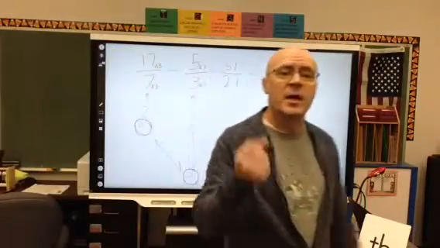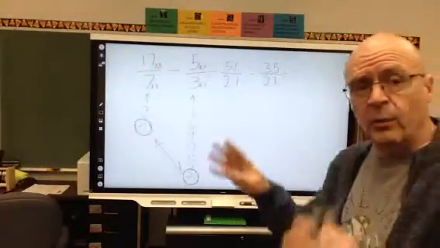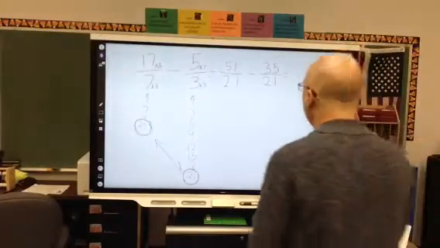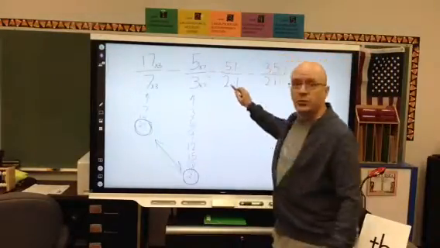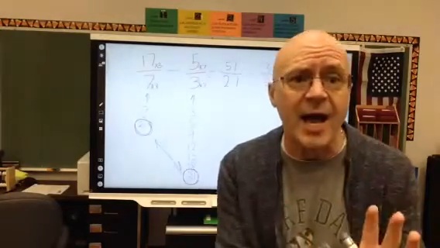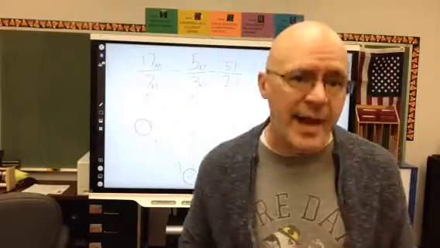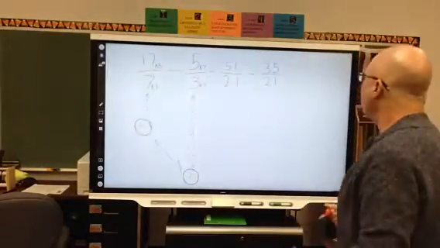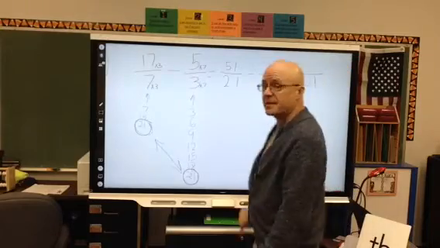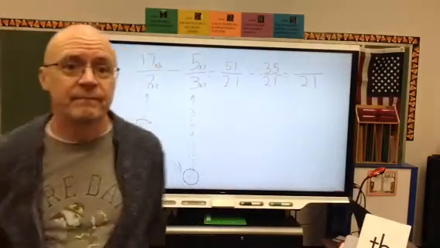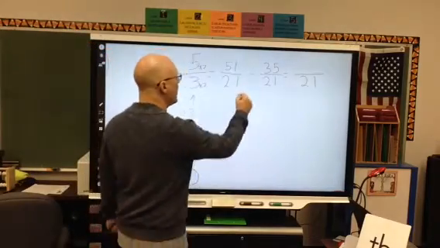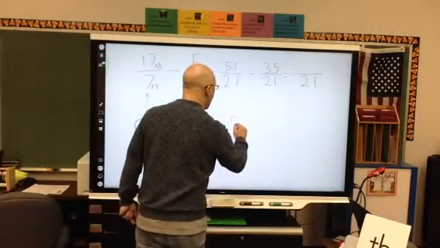In other words, this fraction is divided into 21 pieces, and so is this one. That means the pieces are the same size. Now I can add and subtract them, right? So I'm going to do 51 minus 35.